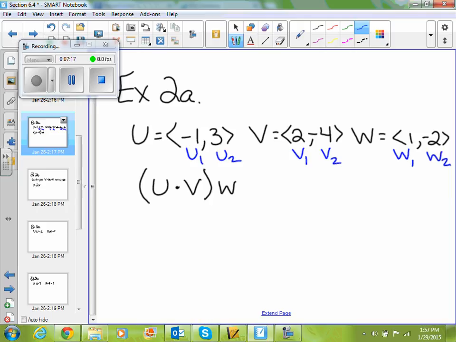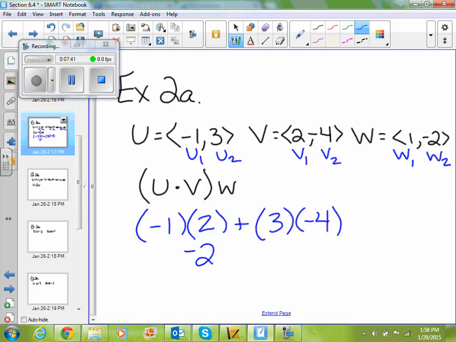So I'm going to start by finding my dot product u times v. So to find my dot product of u times v means I take negative 1, which is u1, times 2, v1, plus u2, which is 3, times v2, which is negative 4. Negative 1 times 2 gives me negative 2, 3 times negative 4 gives me negative 12, and negative 2 plus negative 12 gives me negative 14.